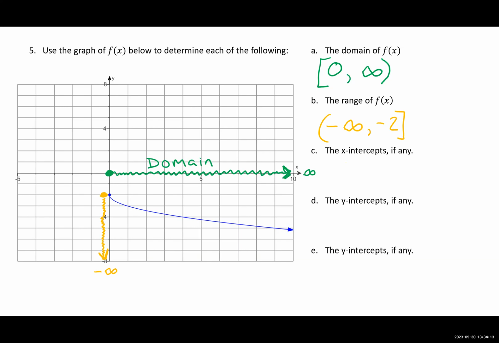C and D ask for what are called the intercepts. Not intersect, intercept with a PT at the end. Intercepts are points on the axes. So an x-intercept is a point on the x-axis, and the y-intercept is a point on the y-axis.